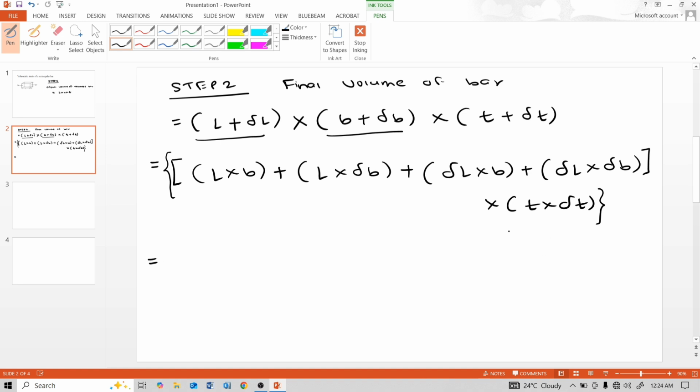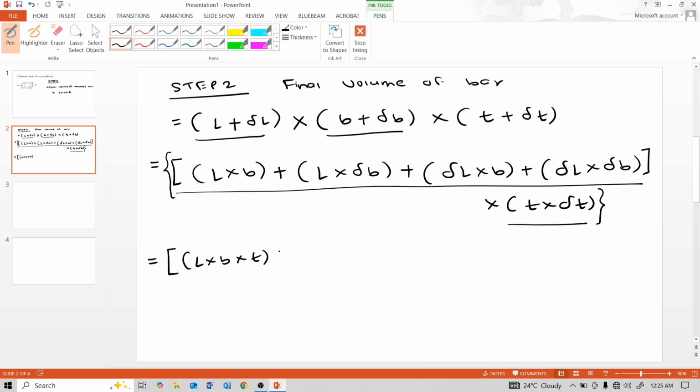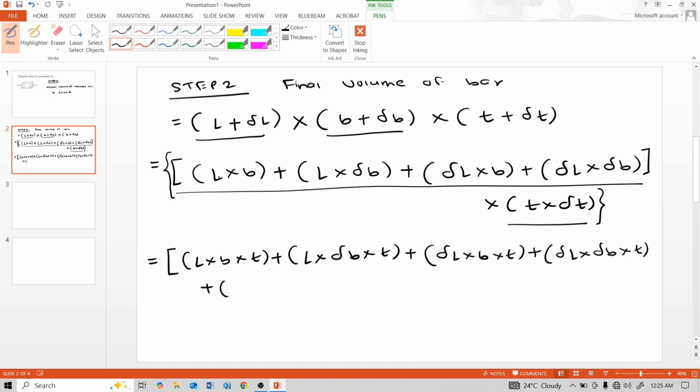Now calculate this small bracket and this square bracket: L into B into T plus L into delta B into T plus delta L into B into T plus delta L into delta B into T plus L into B into delta T.